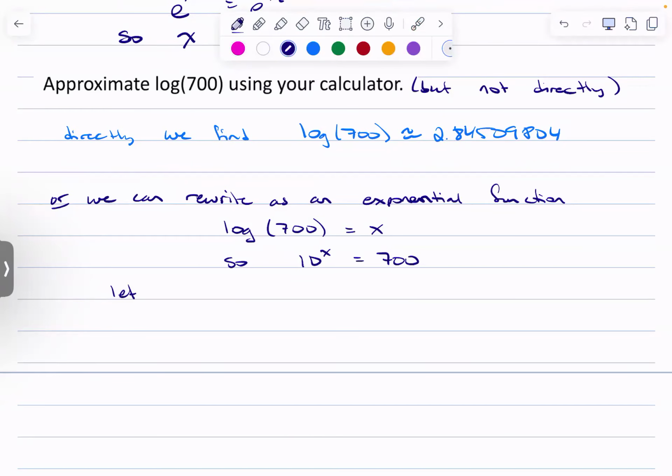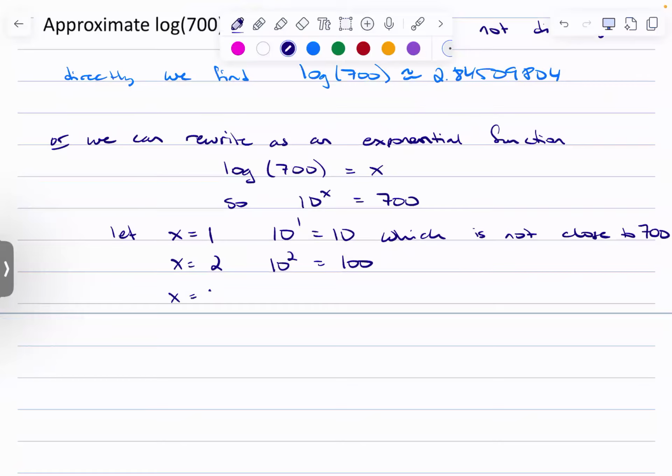So I'll say let x equal 1. 10 to the 1 is 10, which is not close to 700. So I let x be 2. 10 to the 2 is 100. Let x be 3, I'm getting closer to 700. 10 to the power of 3 is 1,000, which tells me that x must be between 2 and 3.